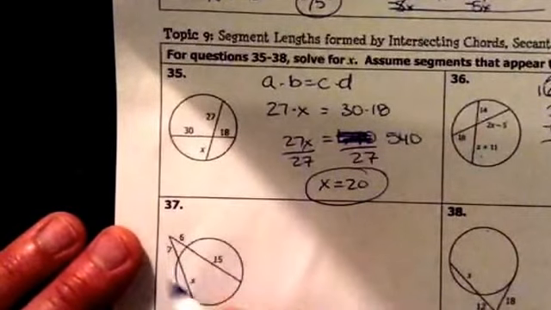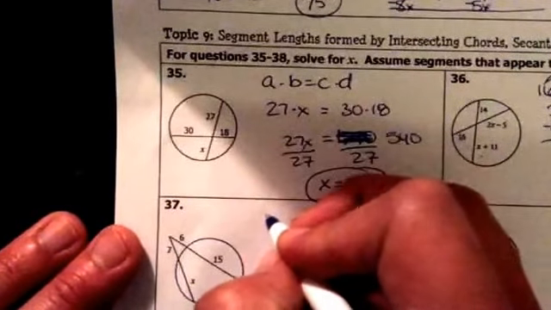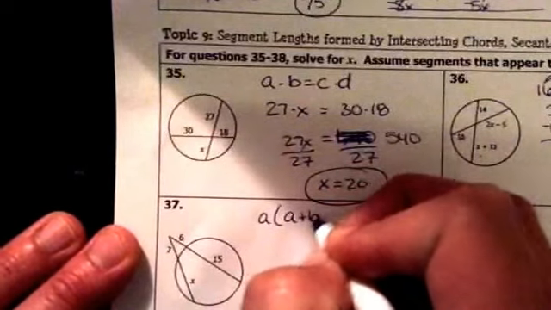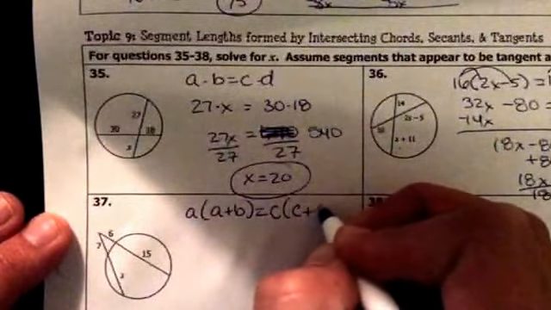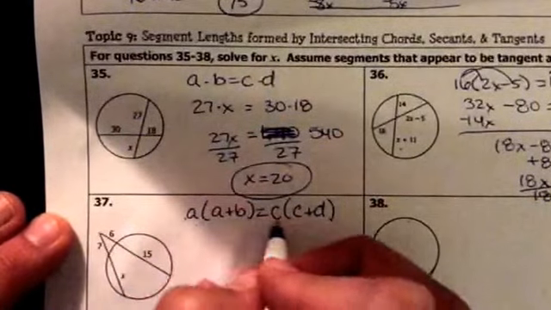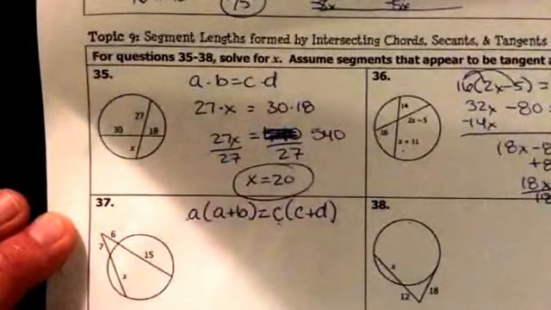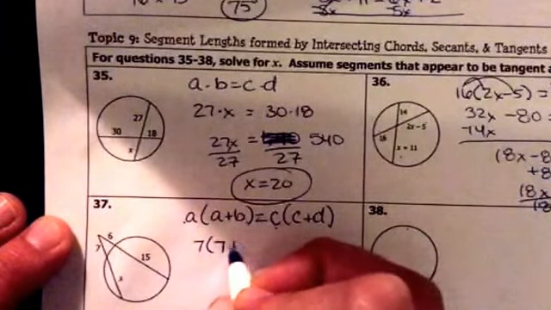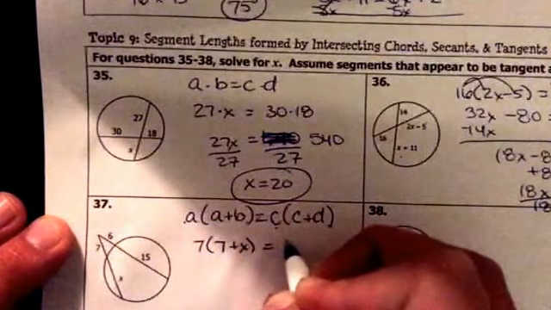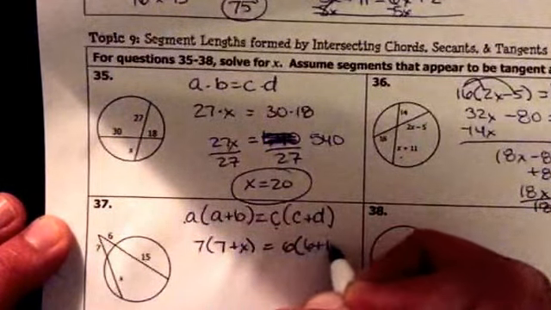Our intersection is happening outside the circle, so I have to remember A times A plus B equals C times quantity C plus D. Remember, A and C are my outside segments, so I have 7 times the quantity of 7 plus x equals 6 times the quantity of 6 plus 15.